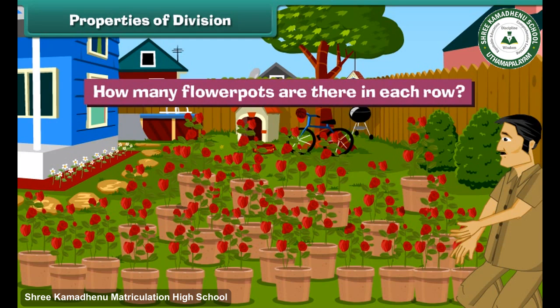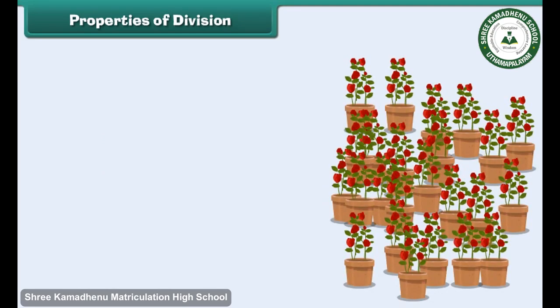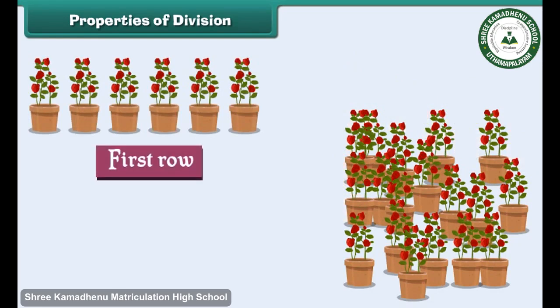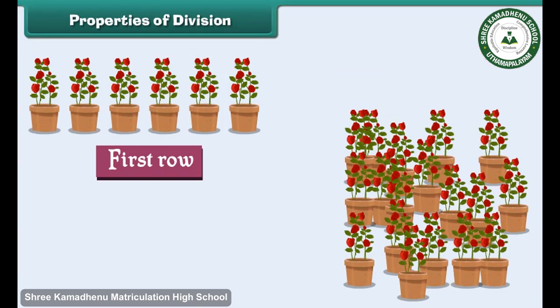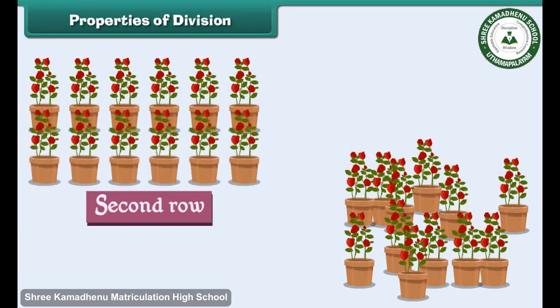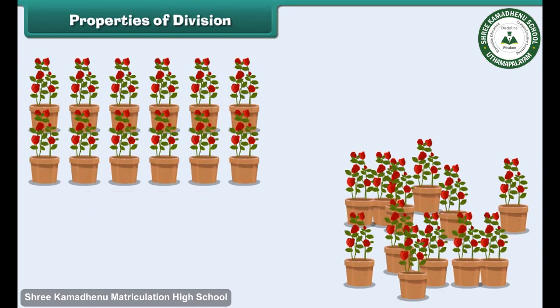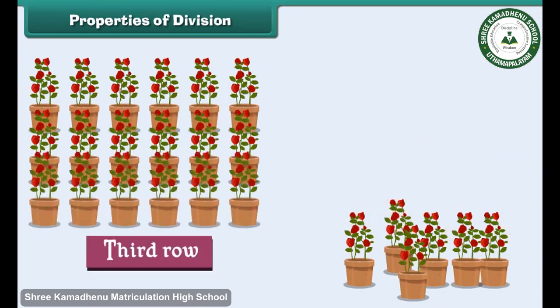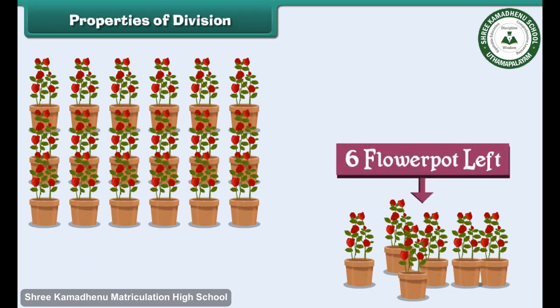Let us go step by step. There are 6 flower pots in each row. The gardener arranges 6 flower pots in the first row. He has 18 flower pots left. He arranges 6 in the second row. He has 12 left. He arranges 6 in the third row. He has 6 left.